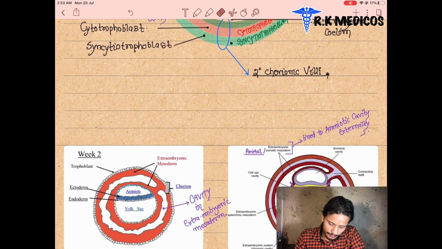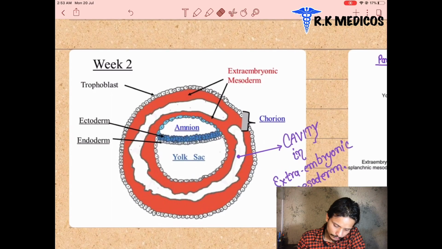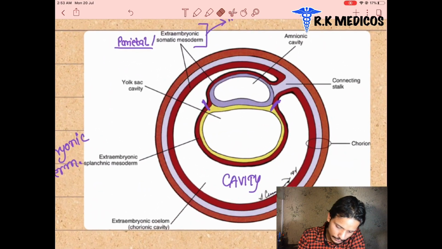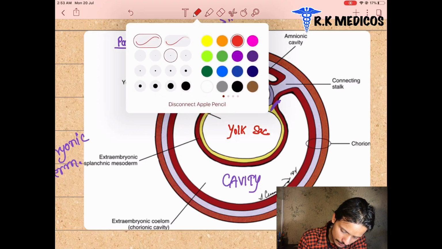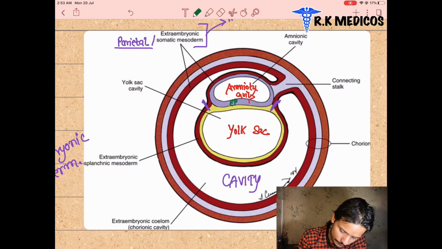You can see here in this picture, this is the yolk sac, this is the amniotic cavity, and this is the epiblast, hypoblast, epiblast.